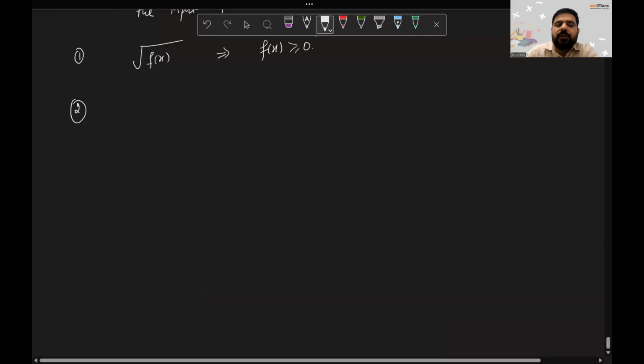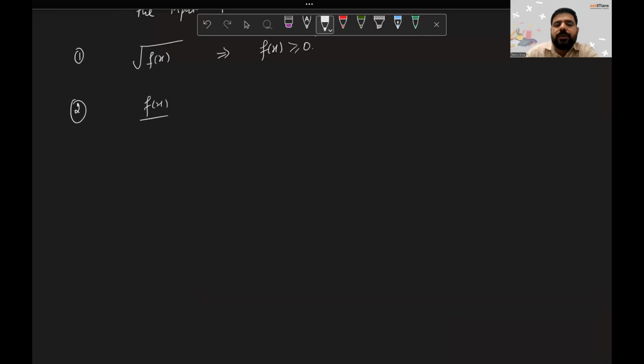Now let's say we are having f of x divided by g of x. We'll be taking only those values of x which will not make the denominator 0, or we will firstly put the denominator equal to 0, and then we'll simply check what values are making it 0. If I take an example, let's say we are having x square minus 5x plus 6 by 2x minus 3.